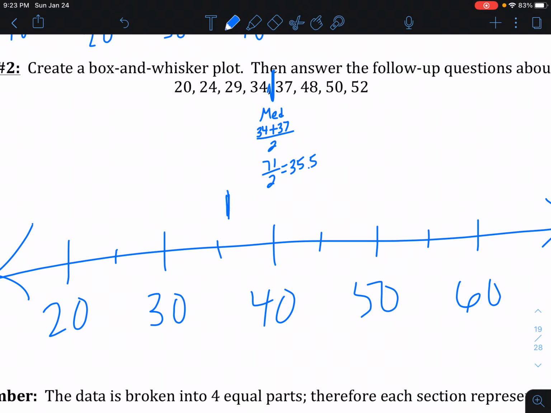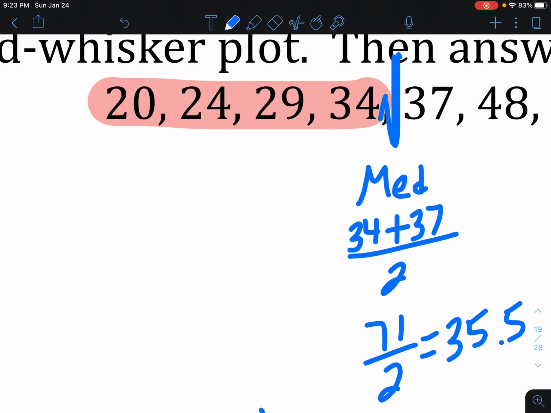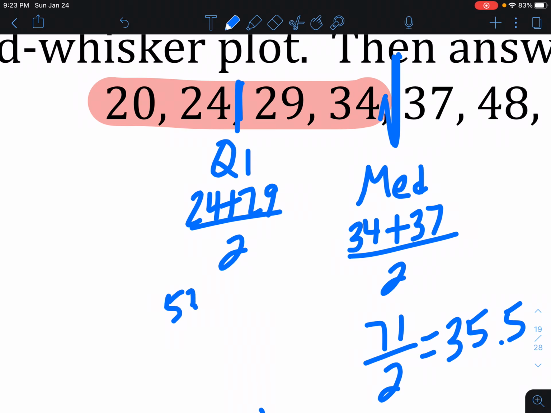And then what's the middle of your first half? That would be here. So for your first quartile, you're going to have to add up and divide by 2. That would be 26.5.